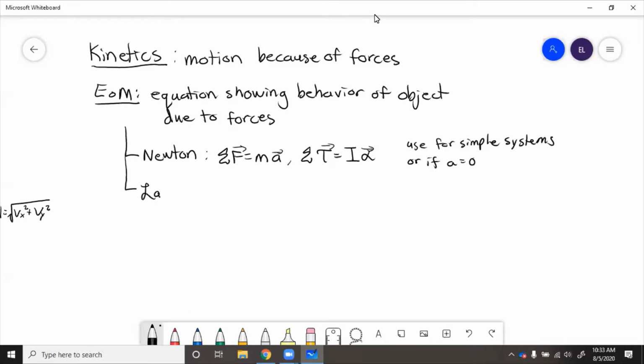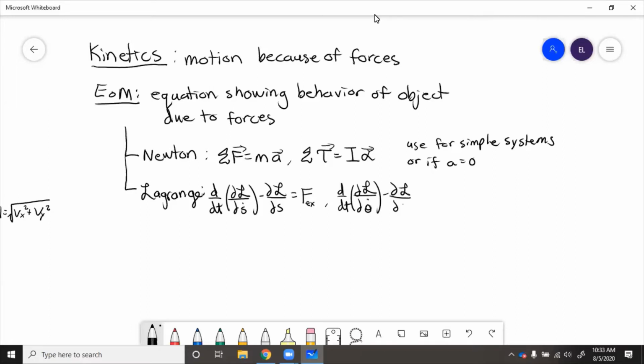Then we had Lagrange. So that is d/dt of del L del S dot minus del L del S equals external forces for linear, and d/dt of del L del theta dot minus del L del theta equals external torque.